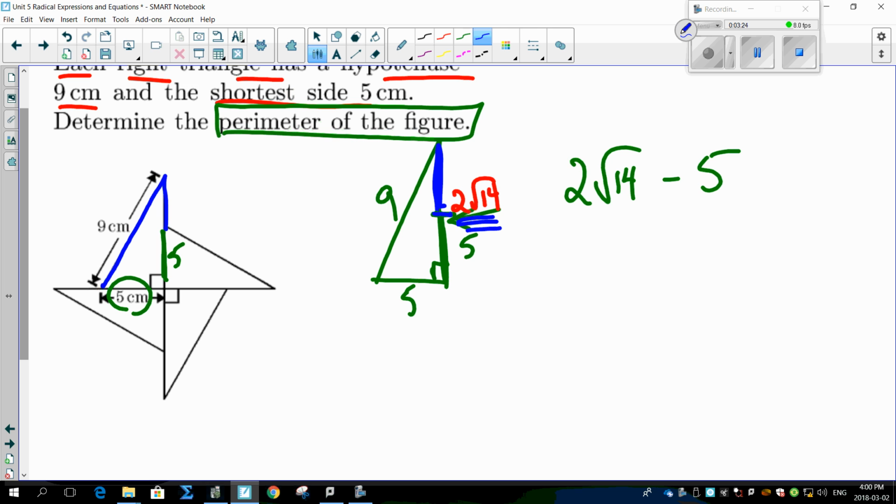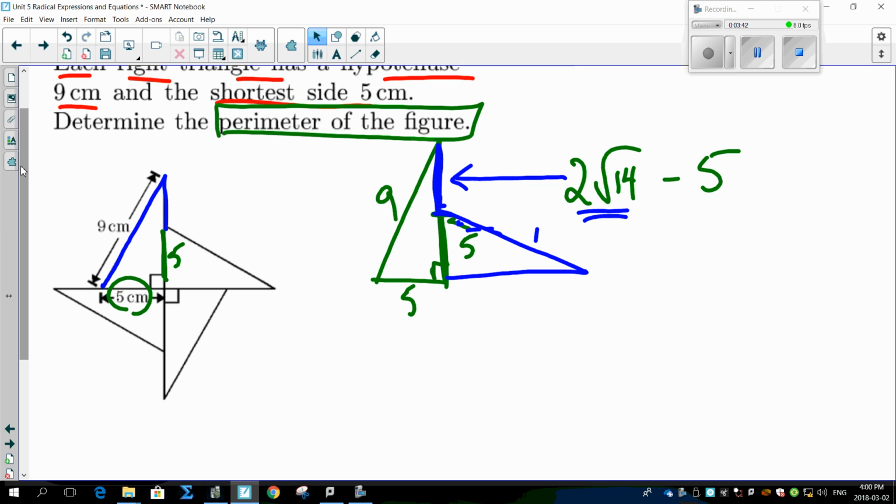And the reason why I can take that away is, again, there's the triangle that we're dealing with. There's the 9. So that means this little piece right here, and I just erased too much of it, it's actually the 2 root 14, which is the length of that whole side, subtract that little chunk of 5 right here. What does this mean?